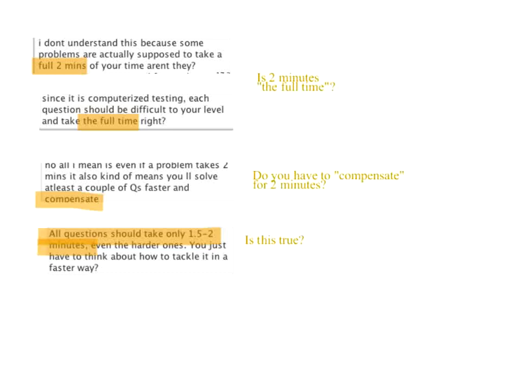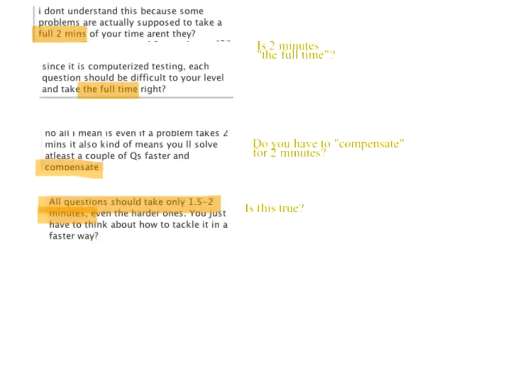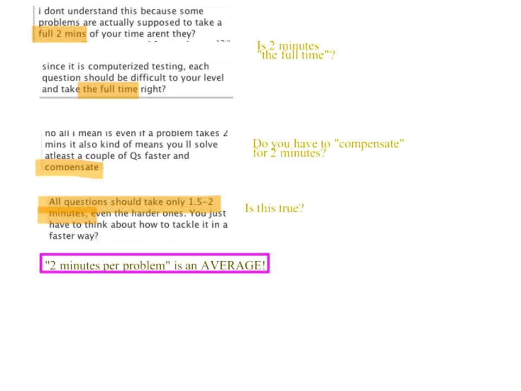Aha, it's an average. Oh, hey, let's talk about that. It's an average. It's not a limit. It's not a maximum. It's an average. So there's a couple of things you guys have to notice about this.